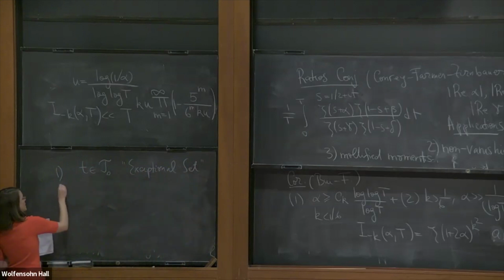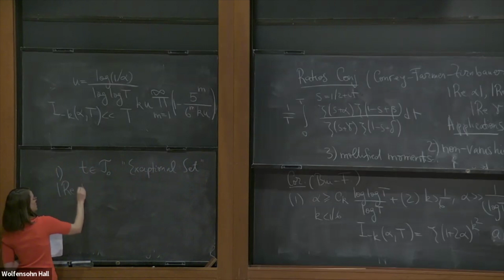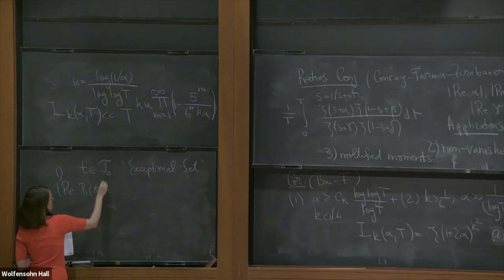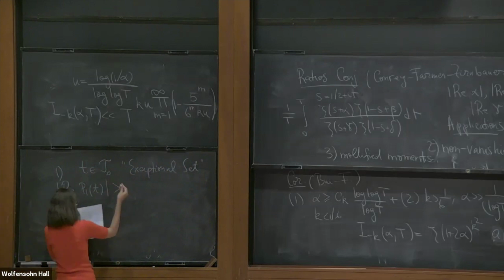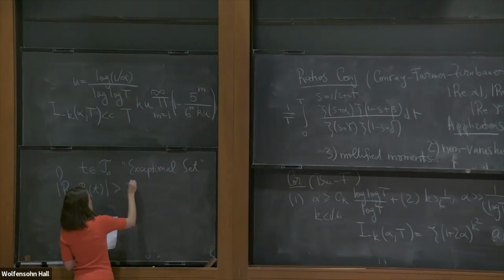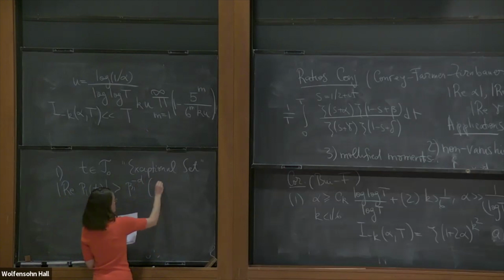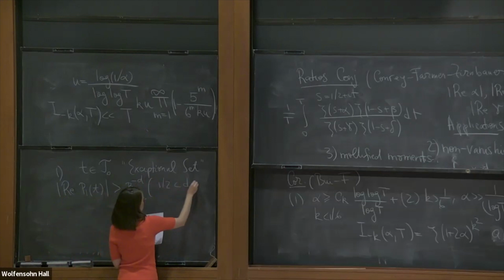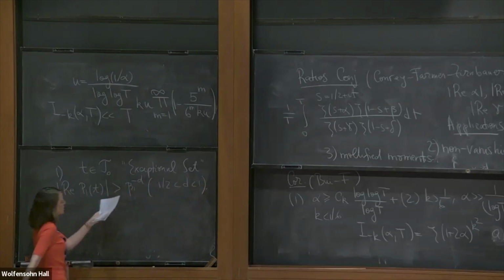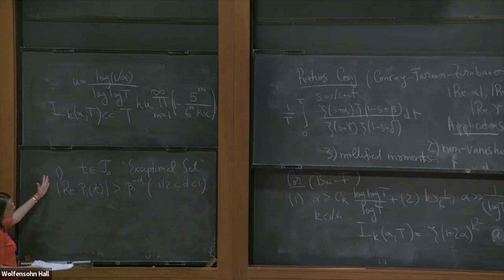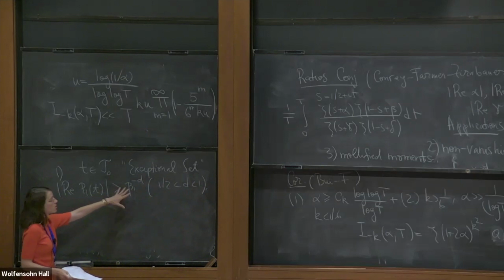Well, this is a set where the contribution from the first primes, from the small primes, is bigger than some threshold that we need to pick. Say beta 1 to the minus d. D is a constant that we will pick at the end. It's between 1/2 and 1. We have to optimize the choice of d. So it doesn't happen too often that the small primes have a big contribution.